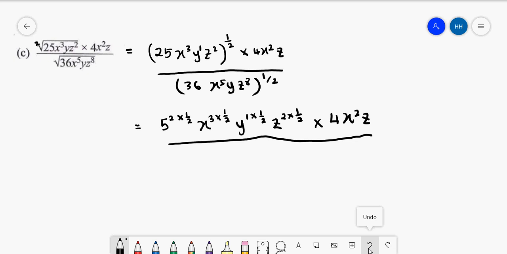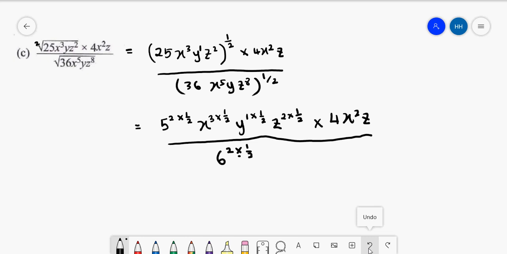And then this is 36. 36 can be written as 6 squared, times 1 over 2. Why do I multiply 1 over 2? Because 36 is inside this bracket. 6 squared to the power of 1 over 2.